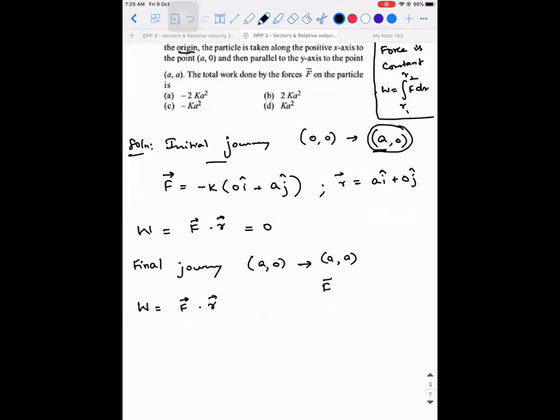So what is the force vector, guys? That will be minus k into... so this is the force vector. What is the r vector for this case?